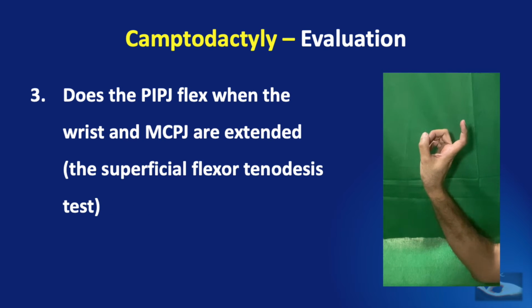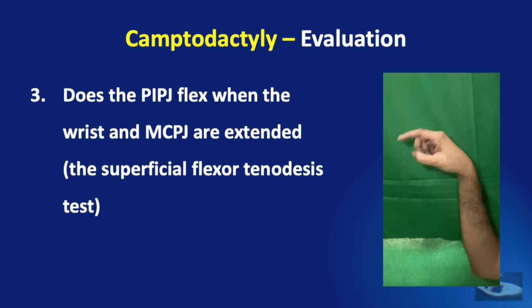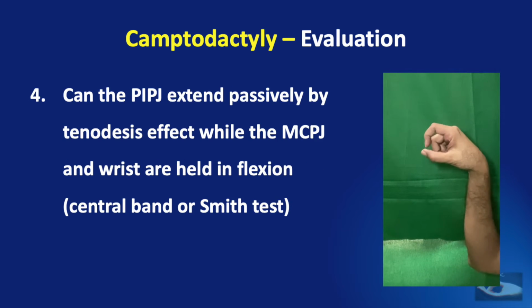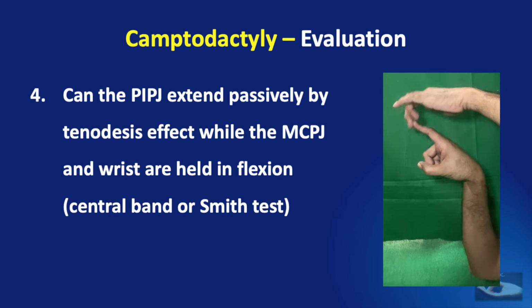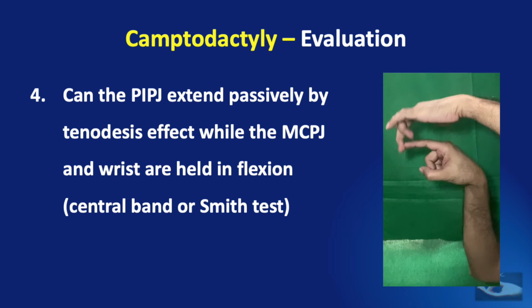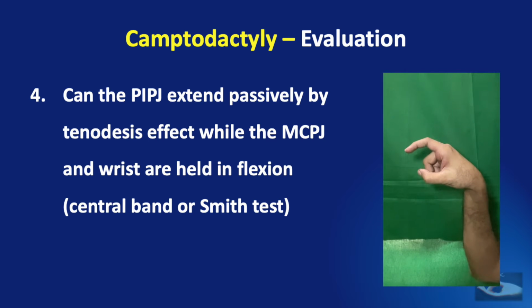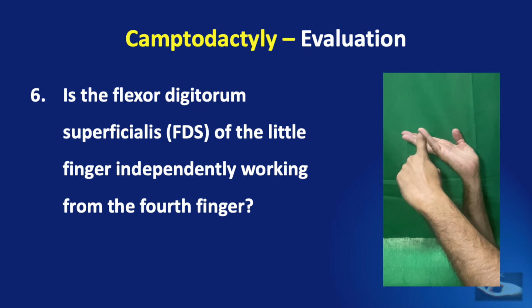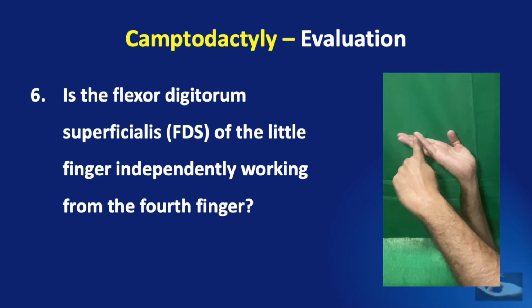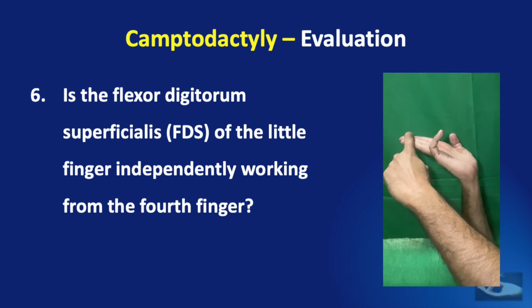Does the proximal interphalangeal joint flex when the wrist and the metacarpophalangeal joint are extended, that is, the superficial flexor tenodesis test? Can the proximal interphalangeal joint extend passively by the tenodesis effect while the metacarpophalangeal joint and wrist are held in flexion? Is the flexor digitorum superficialis of the little finger working independently from the ring finger?